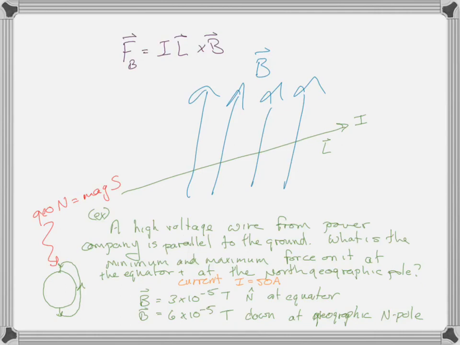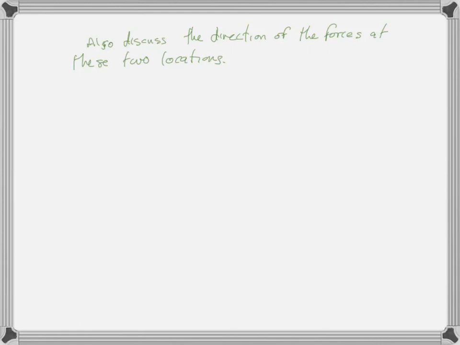The other thing I want to do is to discuss the direction of the forces at these two locations. And the direction of the force is going to depend on the actual direction of the wire. And the wire could go north to south, east to west, or anything in between. But let's discuss the direction. So let's start with first at the equator.